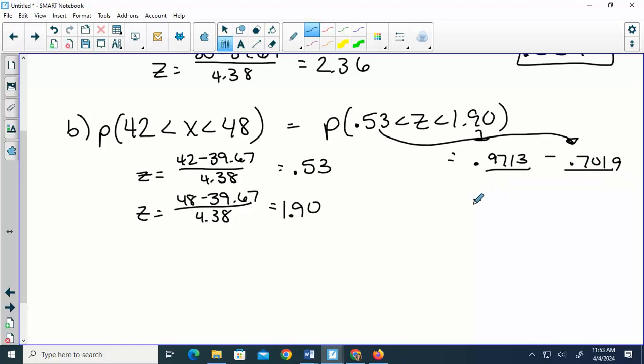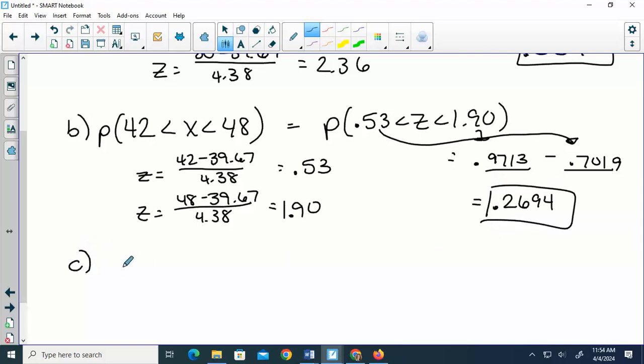And subtract those. We get 0.26. Is that okay?